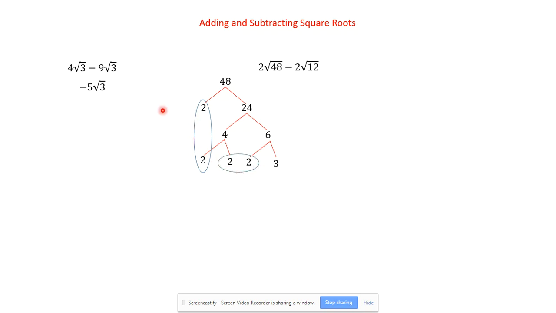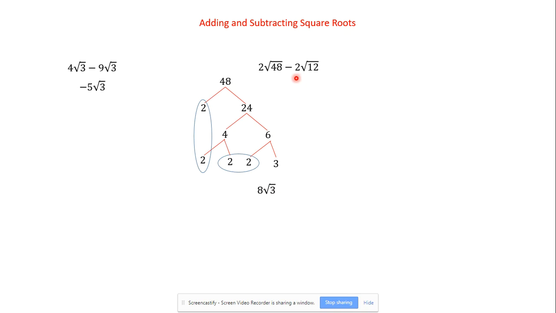So this pair of 2's makes a break for it. We get 1, then we get shot. This one, we get another 1. So there's 2 2's. And then this other one that was already on the outside, so we have 2 times 2 times 2. There's 3 2's, which will give us 8 root 3. So we have 8 with the 3 left over inside.